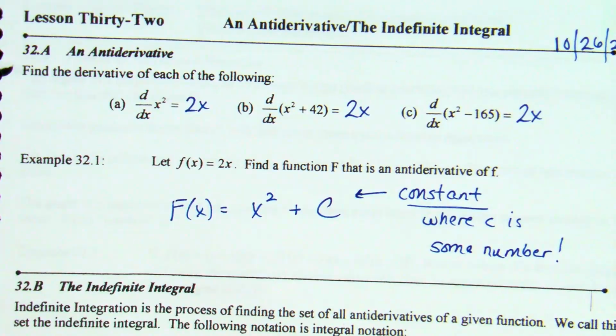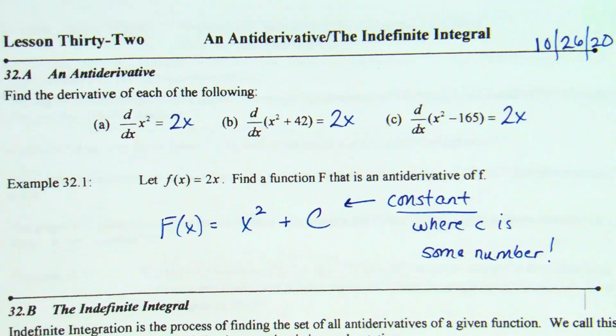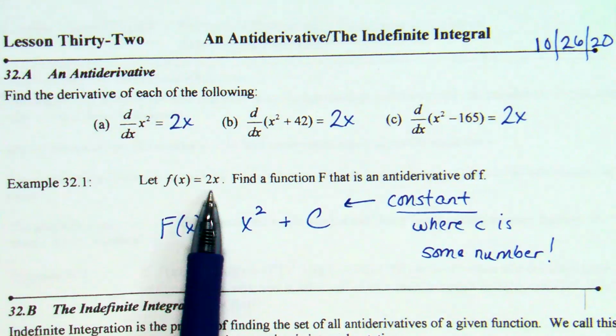Now, the point, and I forgot to write it up above, is that as you do antiderivatives, realize there's no unique antiderivatives. Because when we say find the antiderivative of 2x, we don't know what constant could have been there.